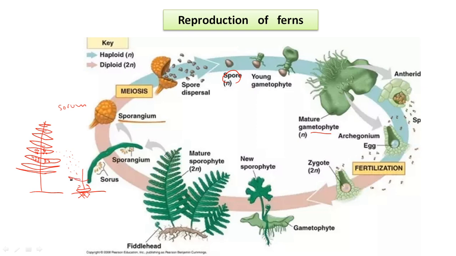And the sporophyte will be the plant that we already know, a fern with big leaves that will produce spores in their sori. And the cycle starts again.